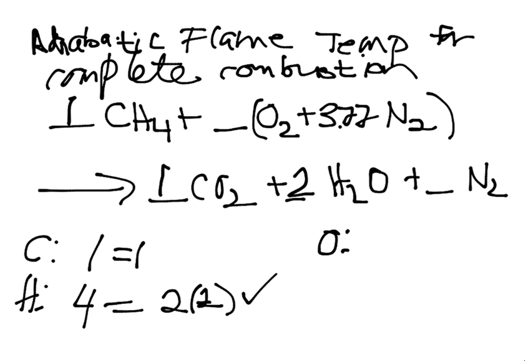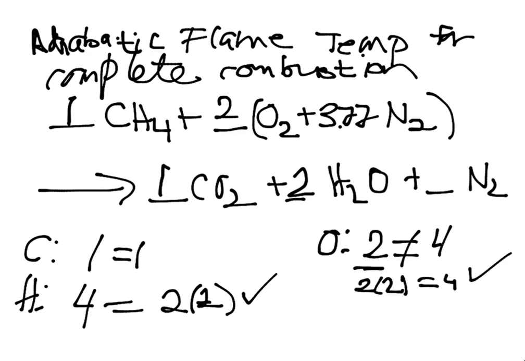And then next, we will balance our oxygen. On the reactant side, we have 2 oxygens, and on our product side, we have 4. We have 2 oxygen coming from the carbon dioxide, and we have 2 oxygen coming from the water, the H2O. So in order to balance this, we're going to have to multiply on our reactant side by 2, because that's not equal, so 2 times 2 is equal to 4, so that checks out.